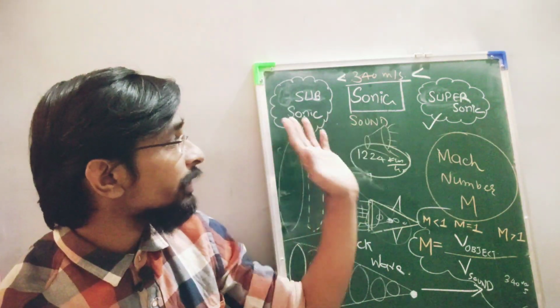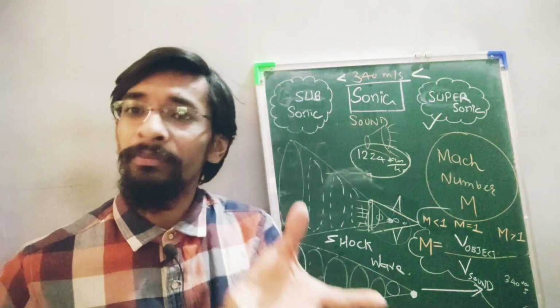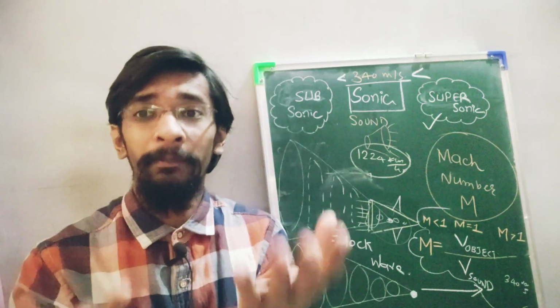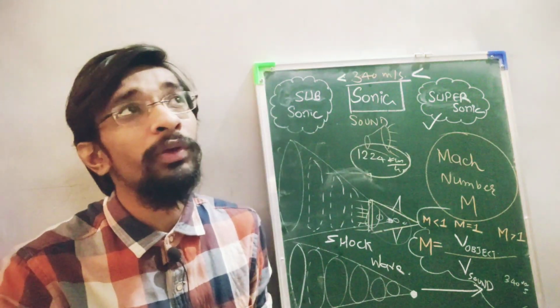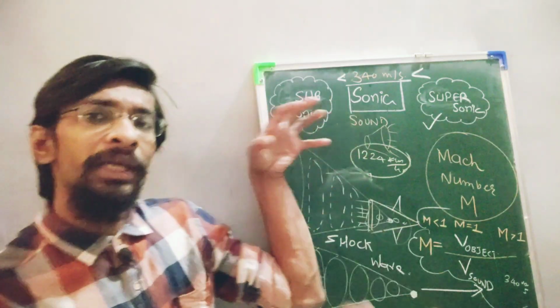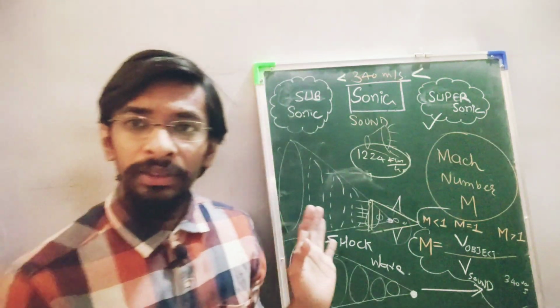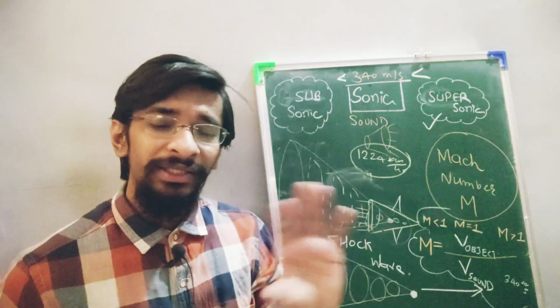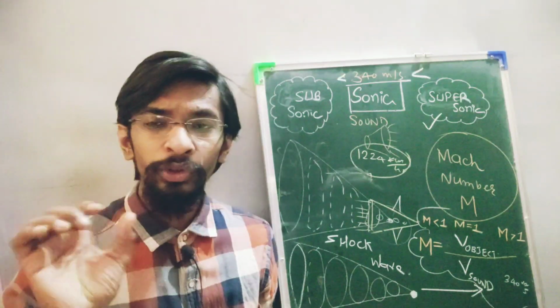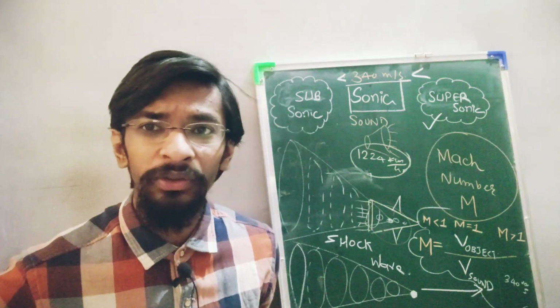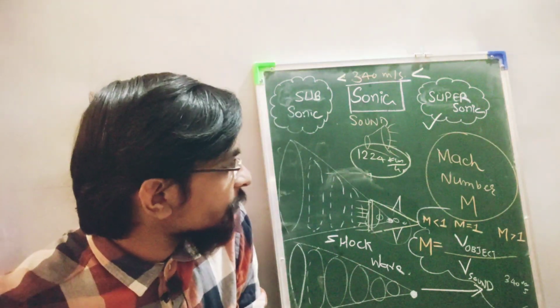For sonic and subsonic, we have things in a different shape, and we should also present them. If it is subsonic, then there won't be a shock wave, because the wave front won't be in the forward direction. But there is some structure. I'll be sharing the image with you. It's on Wikipedia only.